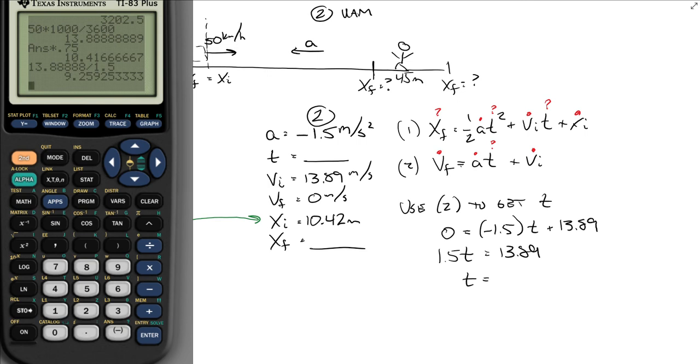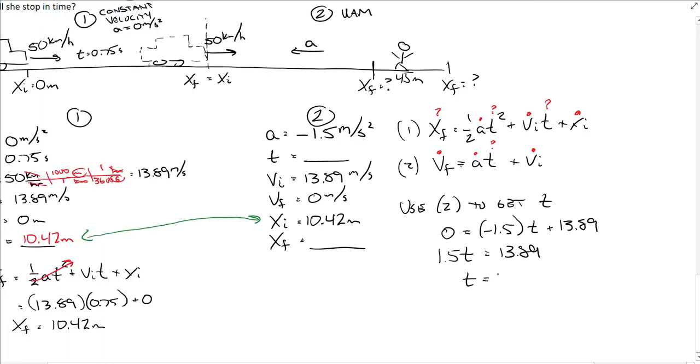My time is 9.26 seconds. It's going to take almost 10 seconds for this car to stop. Seems like a long time, but maybe she didn't hit the brakes with much urgency. Hopefully she feels confident she's not going to strike the kid.